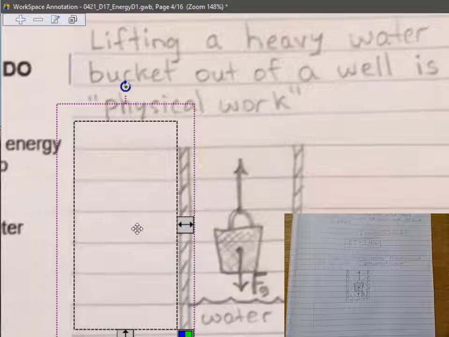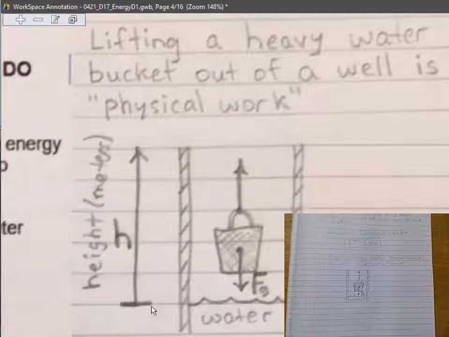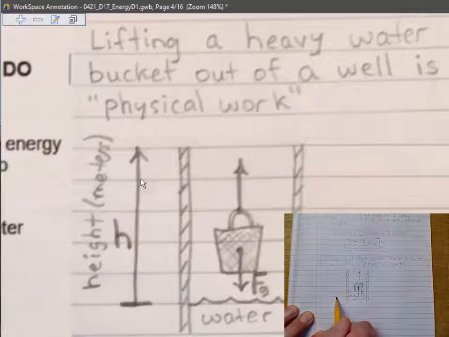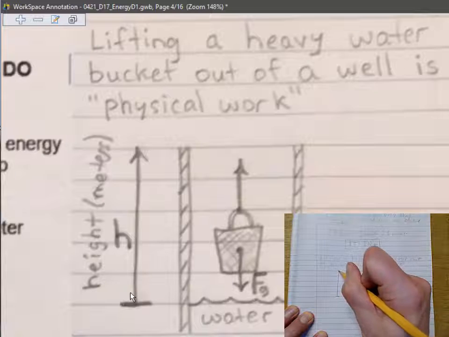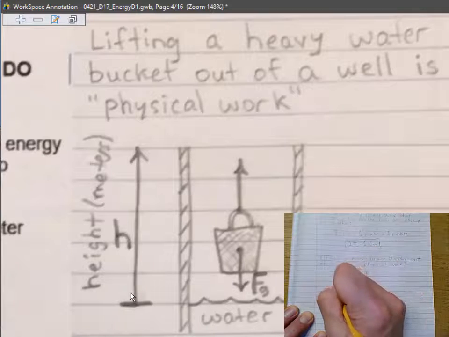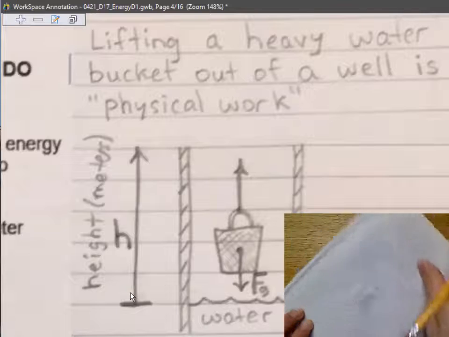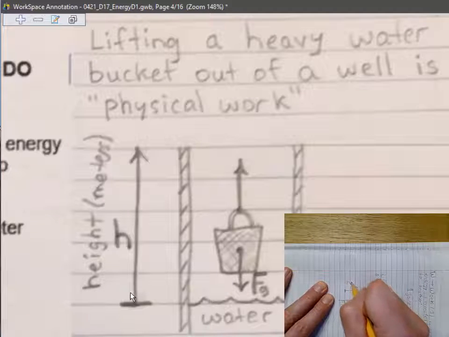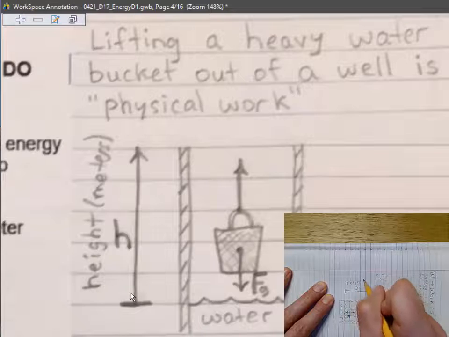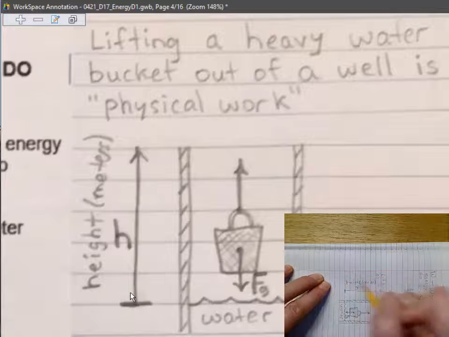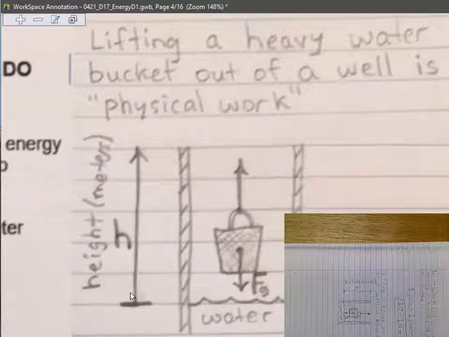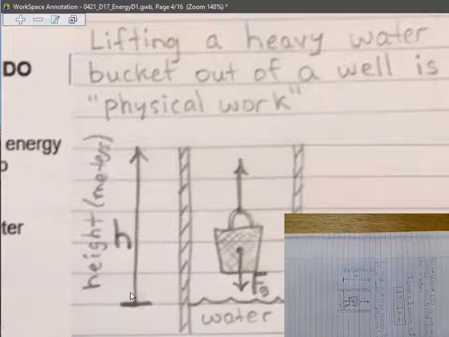Some important things to remark on here. The height in meters, right? Because the more you're lifting this out of the well, the more height, the more work you're going to be doing. That makes sense. Looks like it's going from the top of the water out of the well, H. That's your height in meters.